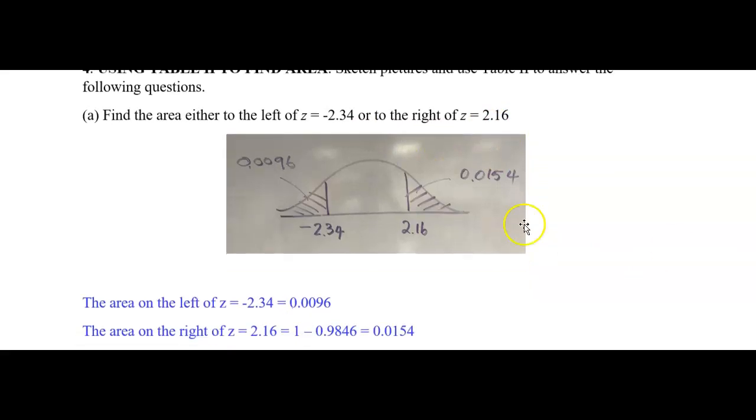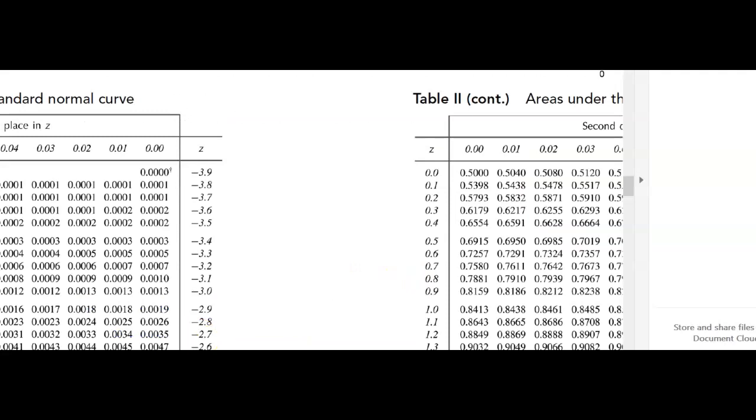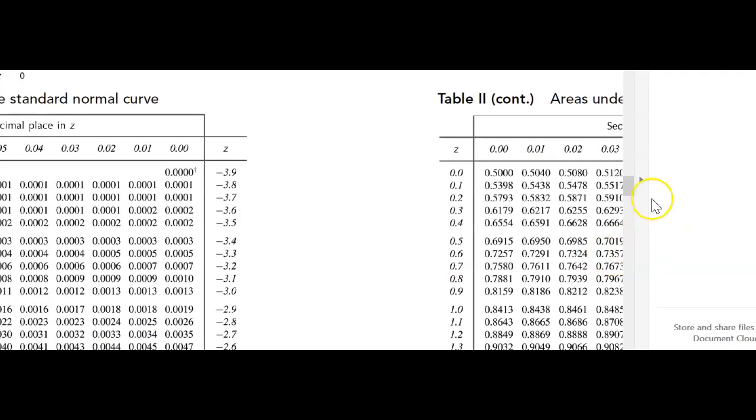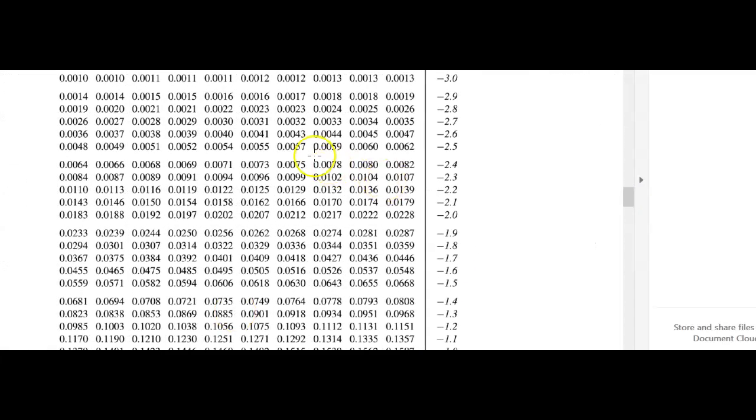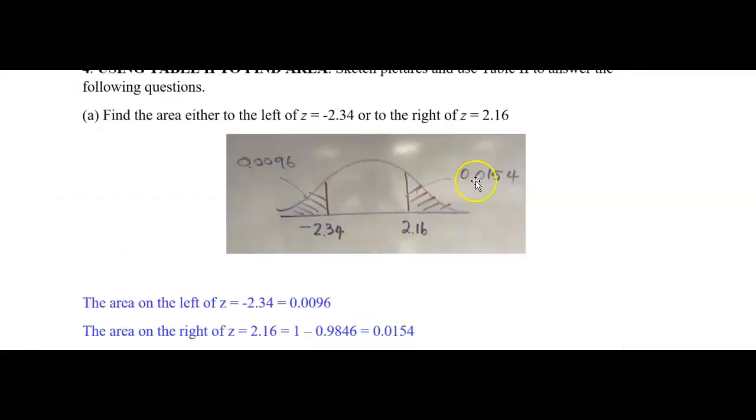So let's see here. We have to make the picture here. To the left of negative 2.34, 0.0096. That's what we have here. To the right side. Now, how did I get 0.0154?